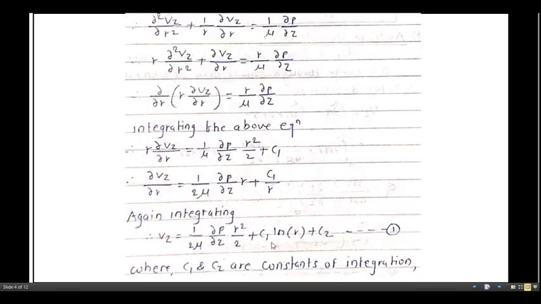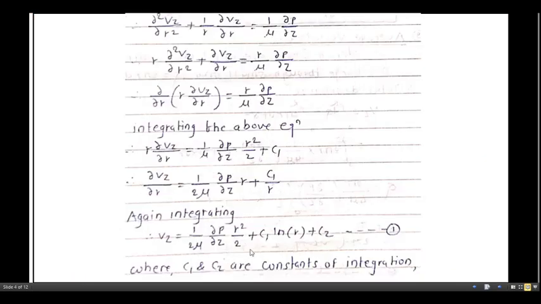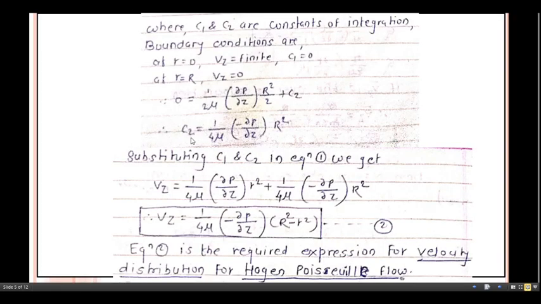In this case, if I substitute the value for c1 as 0, r is replaced by capital R and vz is replaced by 0, then we can get the value for c2, that is 1 upon 4 mu into minus dabba p by dabba z into R square.